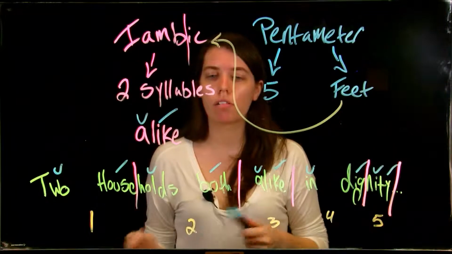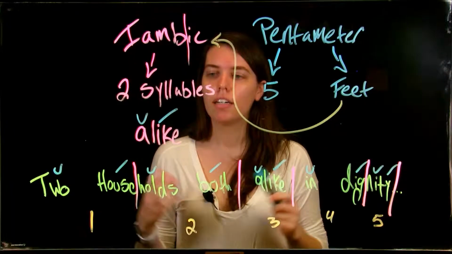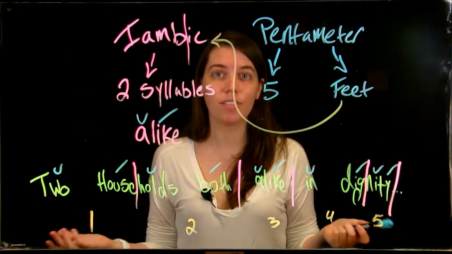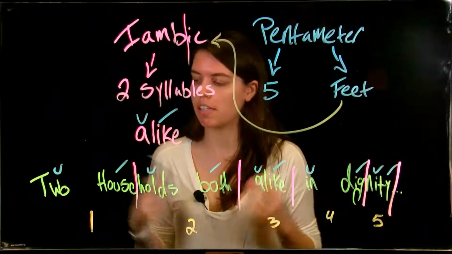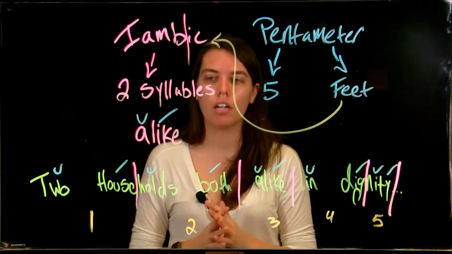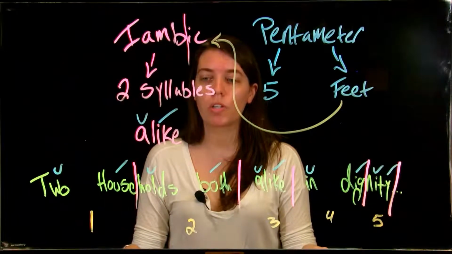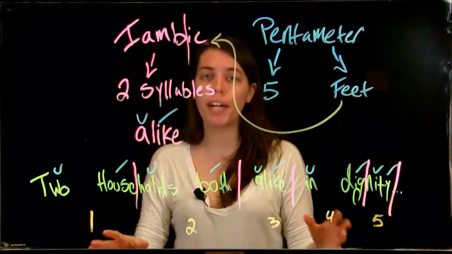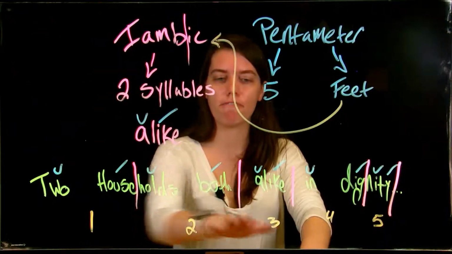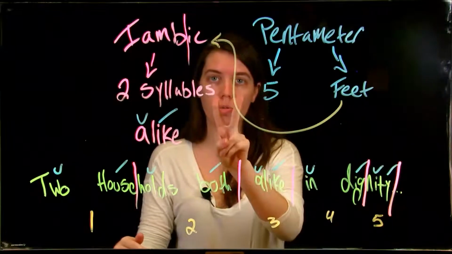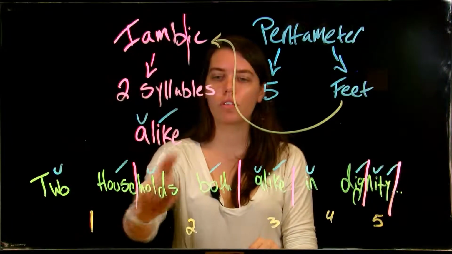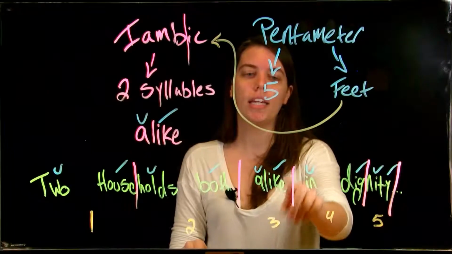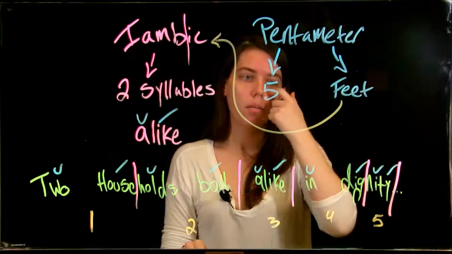So "two households, both alike in dignity." Voila, that's a line of Shakespearean iambic pentameter, a line of verse, broken down. The first thing we did was write it out. We break it up into the feet, so there should be five feet, and each foot has two syllables.